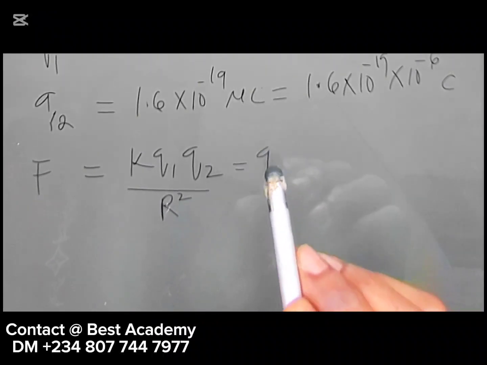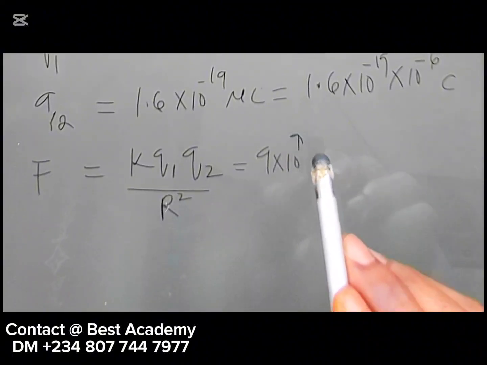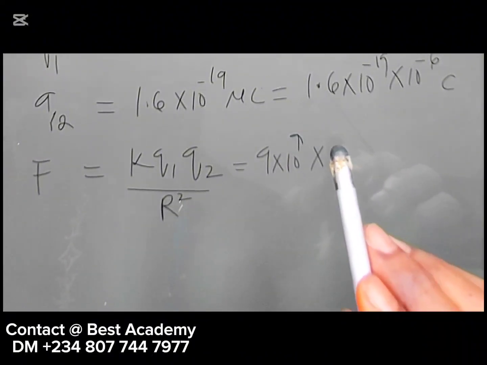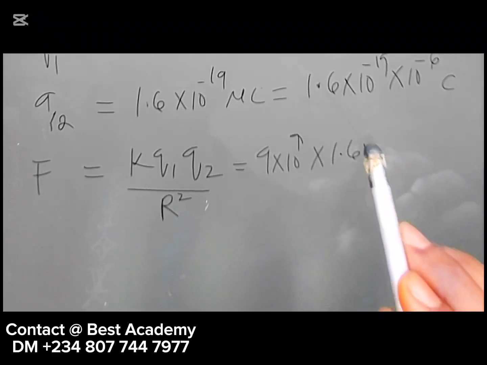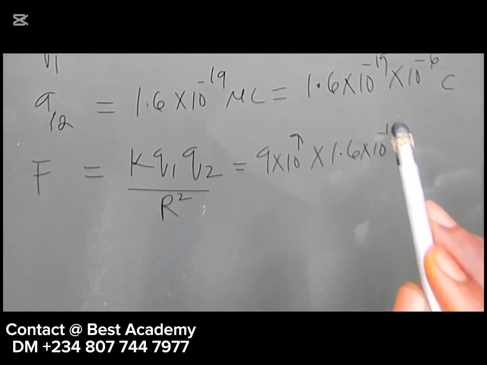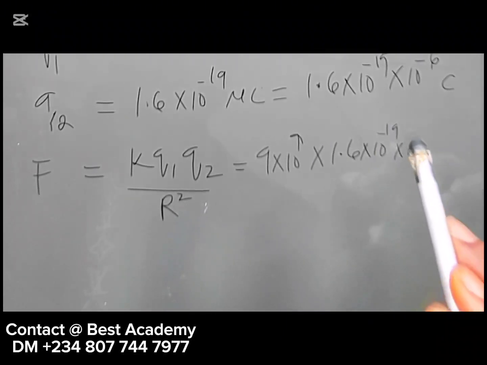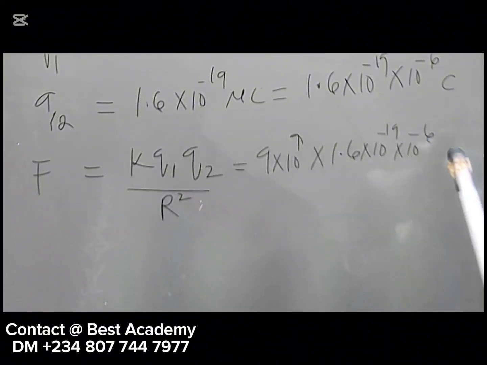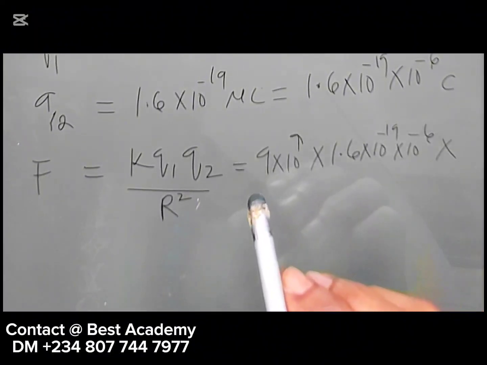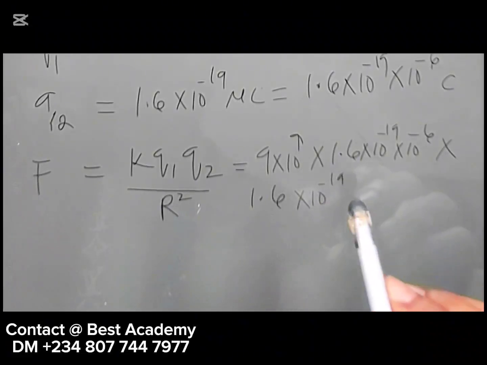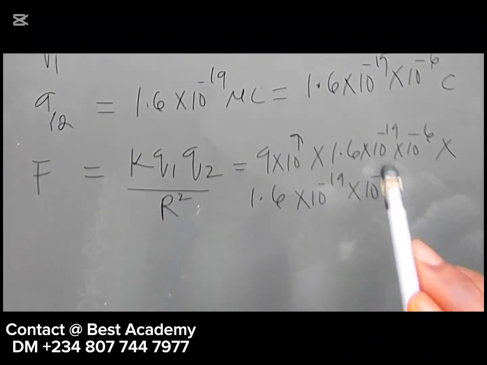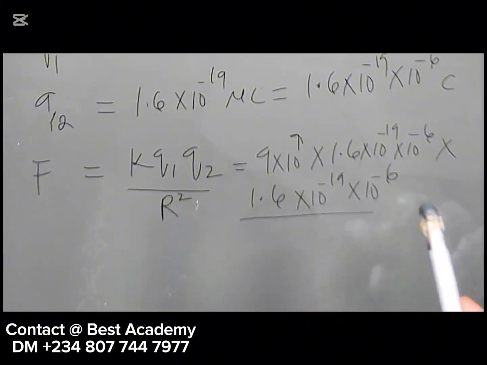K is 9 times 10 to the power of 9 times Q1, which is 1.6 times 10 to the power of minus 19 times 10 to the power of minus 6, times Q2, which is 1.6 times 10 to the power of minus 19 times 10 to the power of minus 6, over the distance given to us.